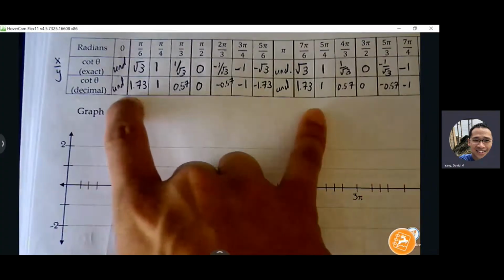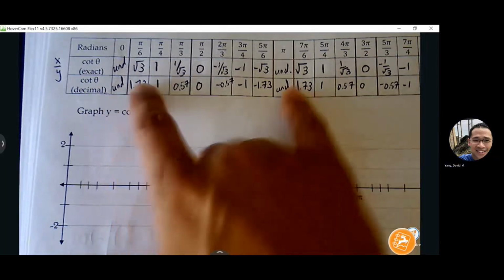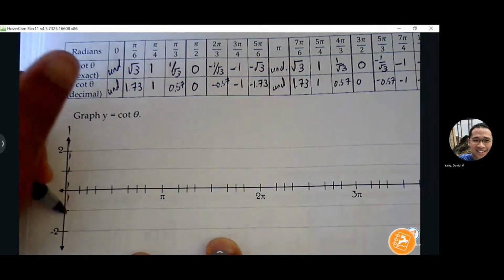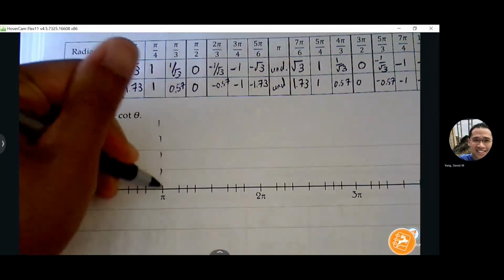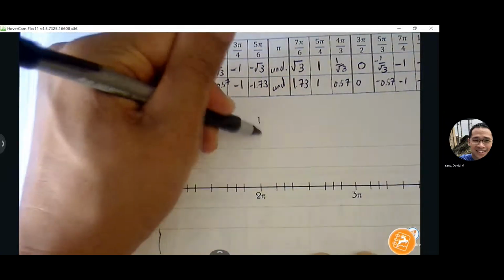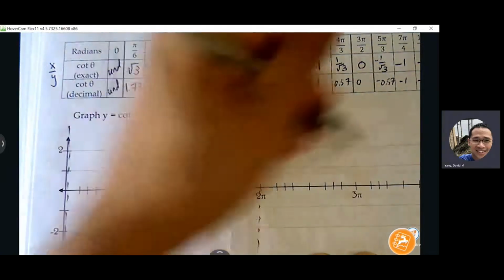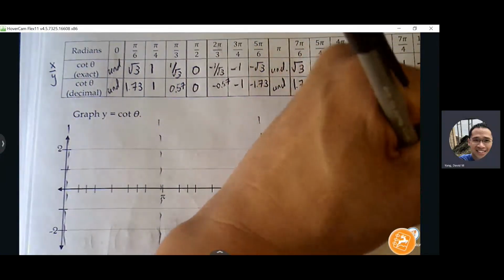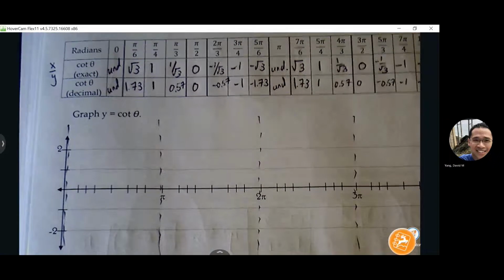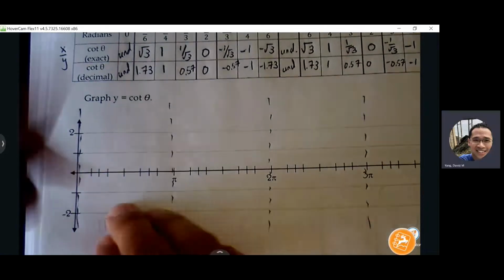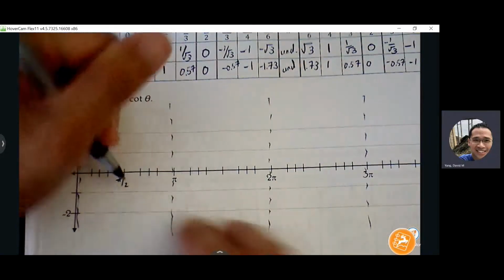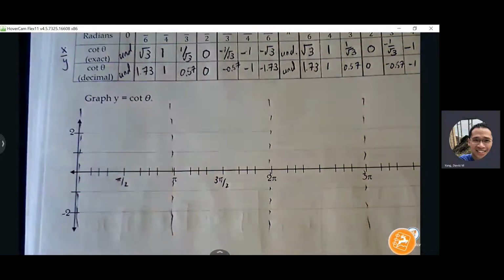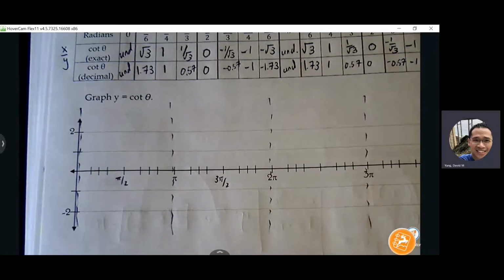Let's do the easy parts first, all the undefined. And it looks like it's landing right at 0, pi. So we'll go up to 2 pi, but then after that, we can just create repeats as well. So we can see that pattern showing up. I'm just going to label pi over 2, all the middle ones. You just kind of follow, go from one to the next.